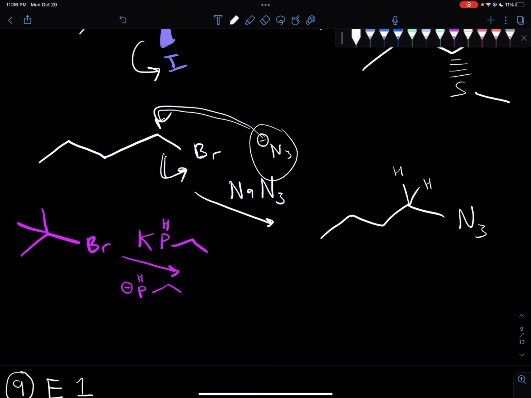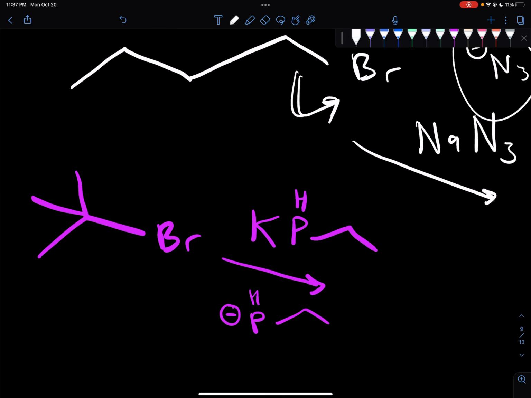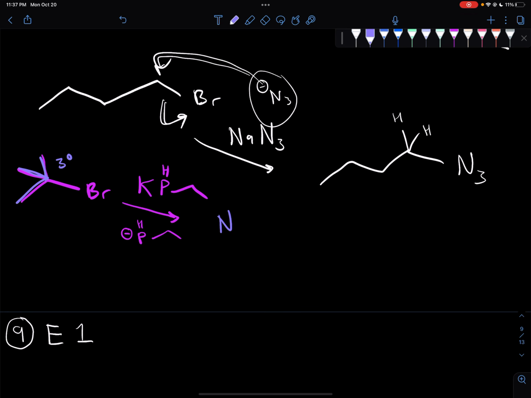So if there's a lot of clutter, the nucleophile cannot reach the carbon. So this carbon right here, it's tertiary. We're bonded to three different carbons. Tertiaries are not going to do SN2, right? No SN2 reaction will occur because your nucleophile just cannot reach it.